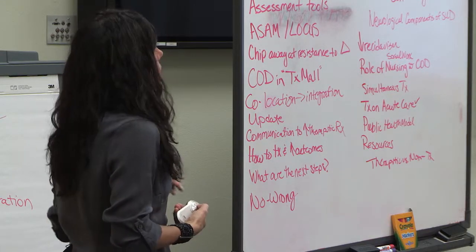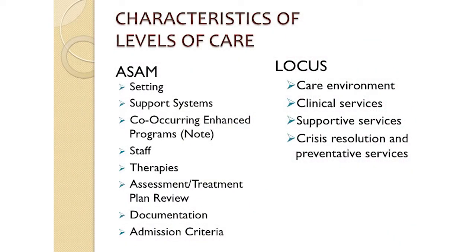So, characteristics of level of care. In the ASAM, they're delineated by setting, support systems, co-occurring enhanced programs, staff, therapies, assessment and treatment plan review, documentation, and admission criteria. Unfortunately, the LOCUS has not evolved to be nearly as comprehensive as the ASAM has.